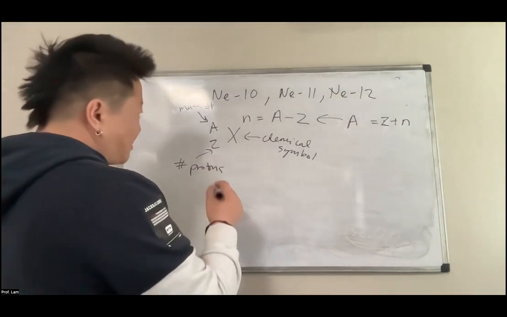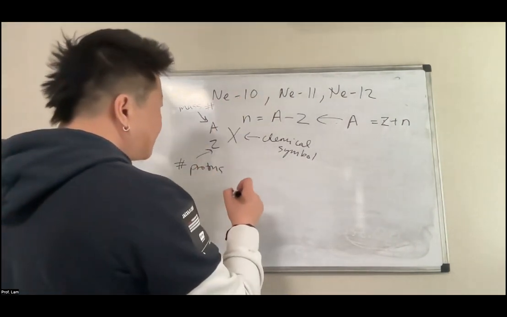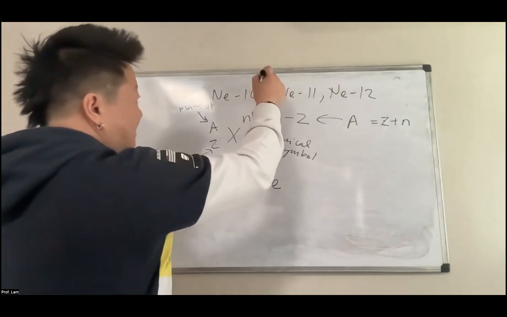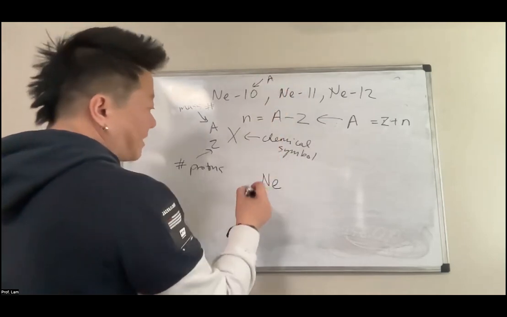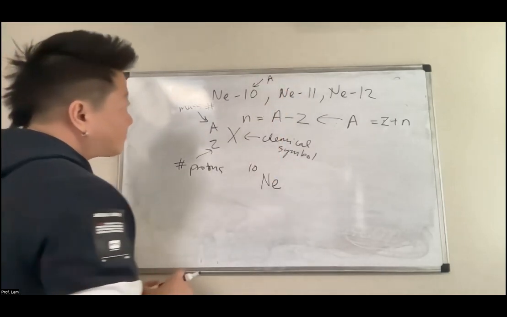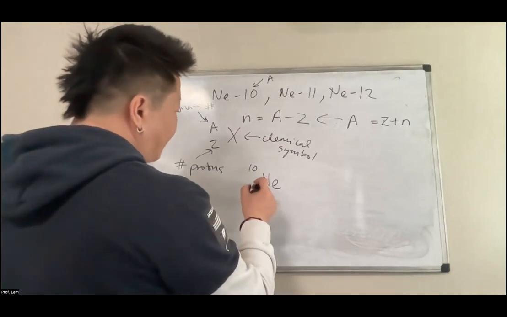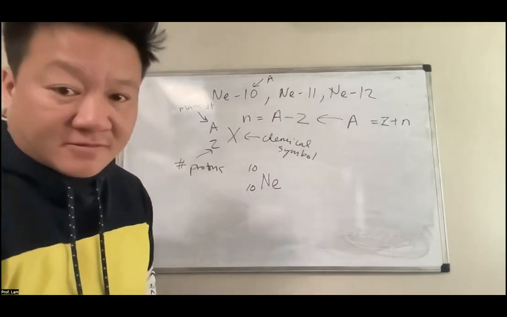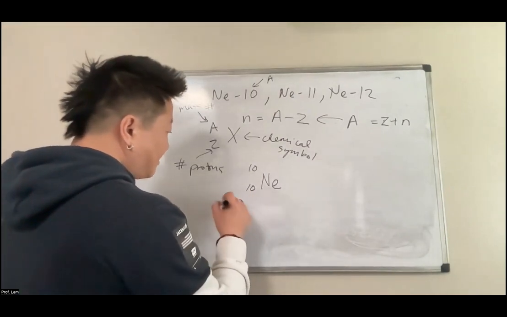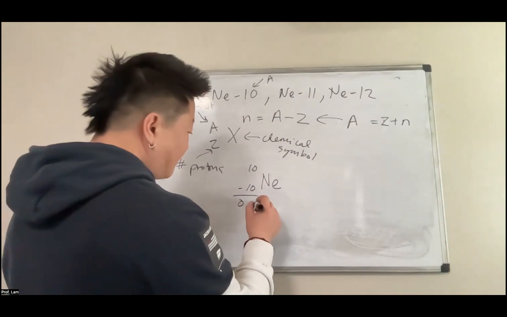So let's try it. For neon-10, this is how you would write it. The chemical symbol is neon. 10 is the mass number, okay? So 10 goes up here. And how many protons does neon have? Also 10, right? So neon-10 has 0 neutrons. It's 10 minus 10, right?